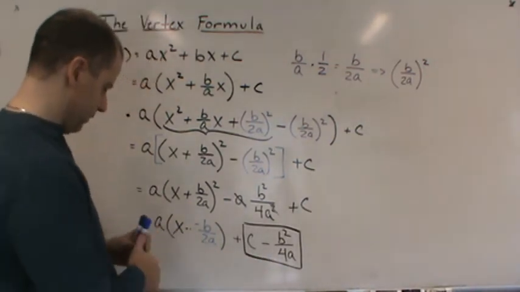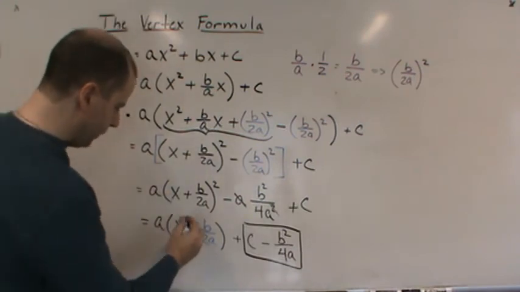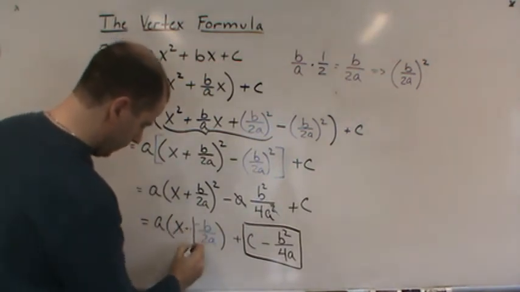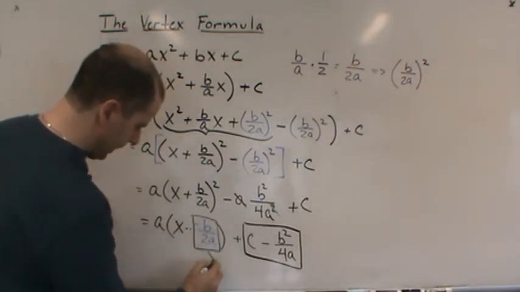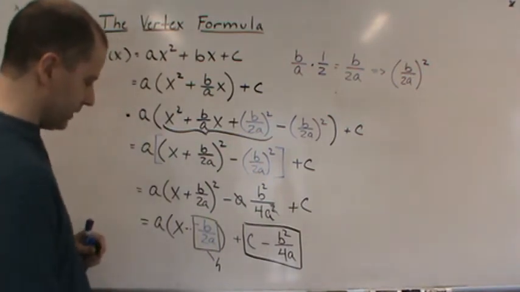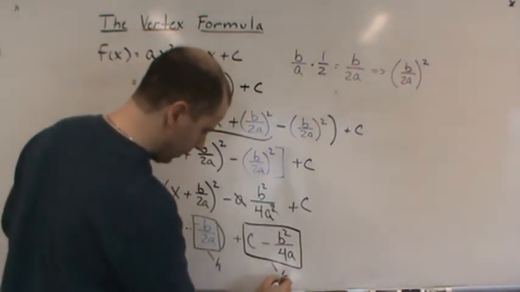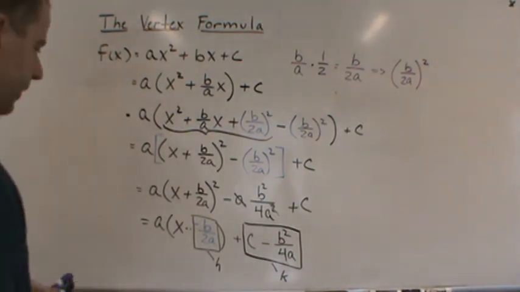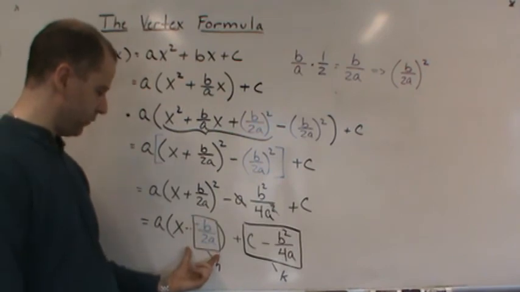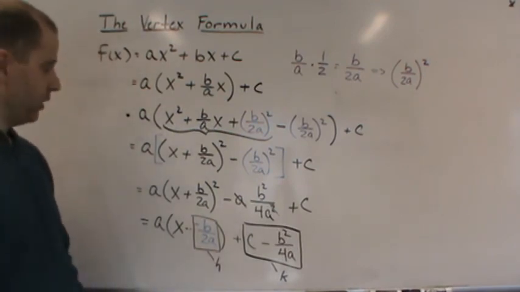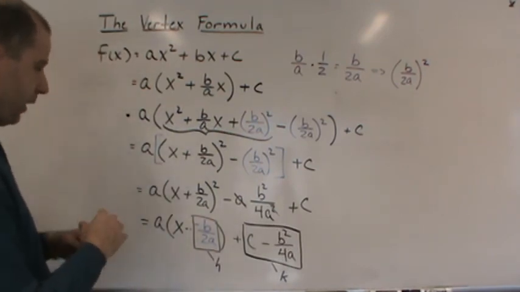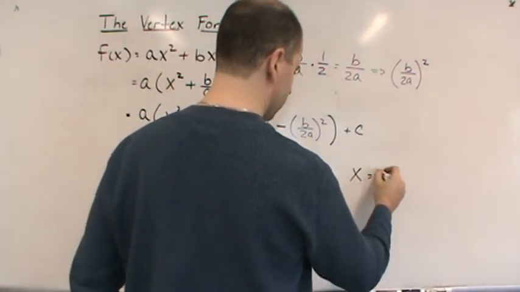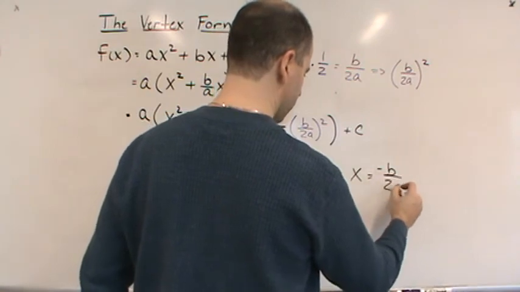So this negative b over 2a is our h value for our vertex, and this is our k value. And so that's it. So this is the vertex formula for the x value. So when we use the vertex formula, some of you may have seen this, we have x is equal to negative b over 2a.